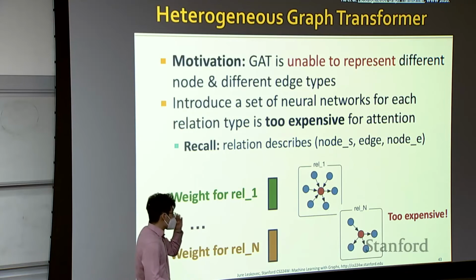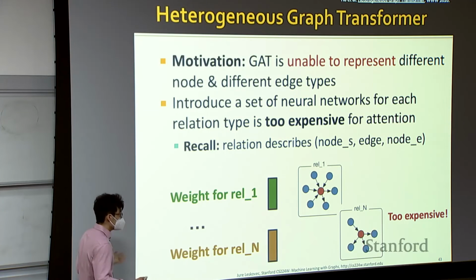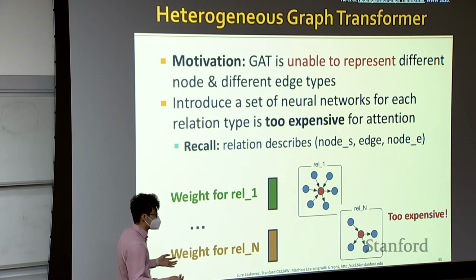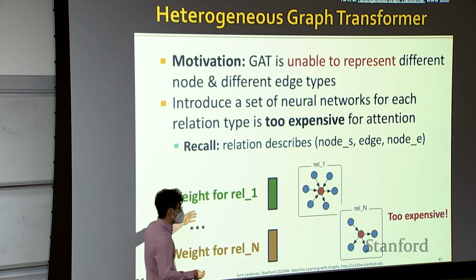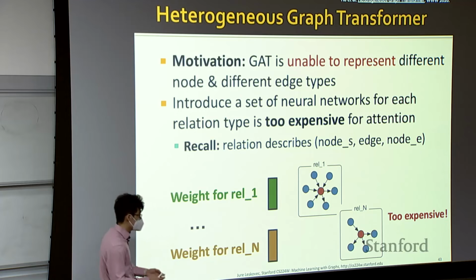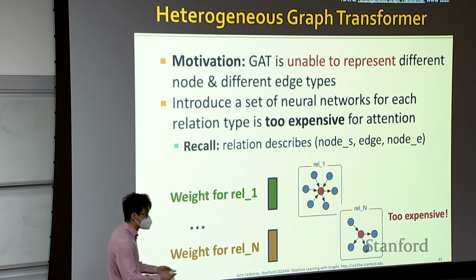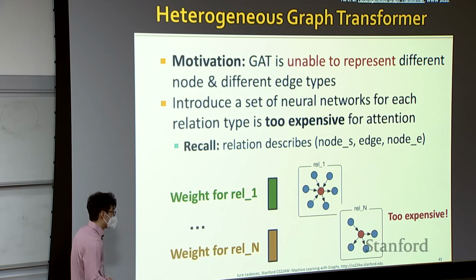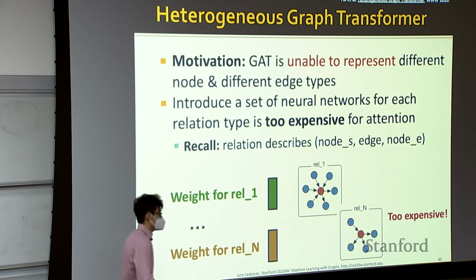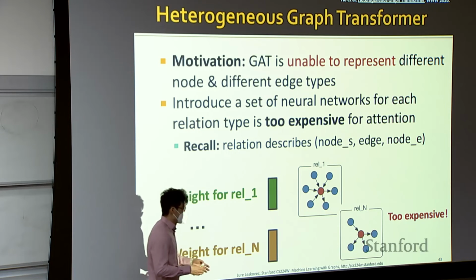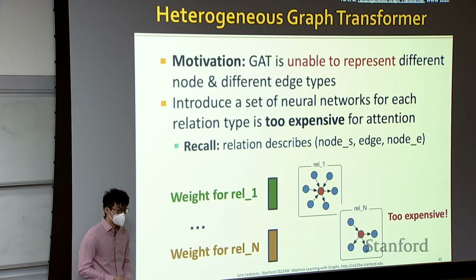Our question is that GAT is designed for homogeneous graphs, so can we extend it to heterogeneous graphs? Of course, what we have seen just now with RGCN can be extended to RGAT as well. We basically define n different GAT models, one for each relation type. But this approach is actually very expensive because, as you can recall, the computation of attention is already very expensive.